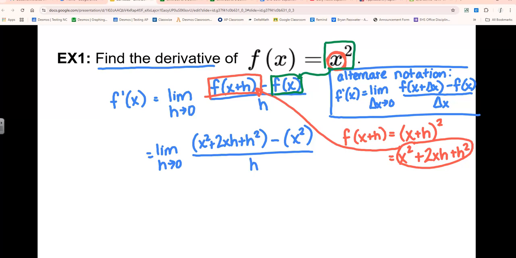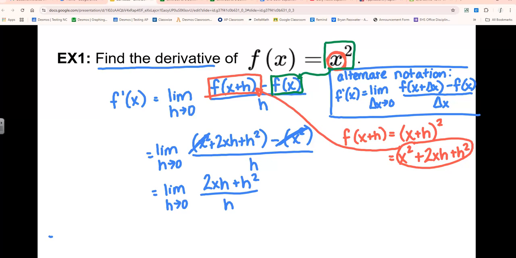So here, this positive x squared and that negative x squared are going to cancel each other out, leaving me with the limit as h approaches 0 of 2xh plus h squared over h.